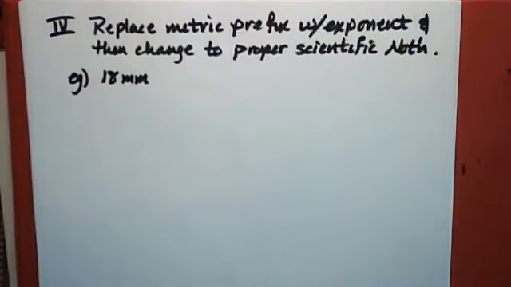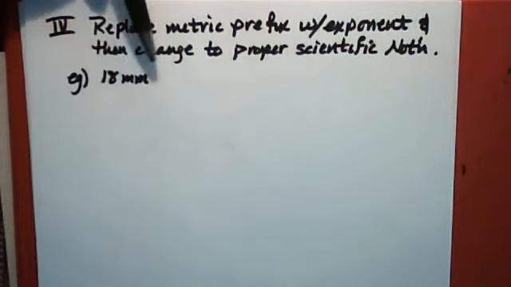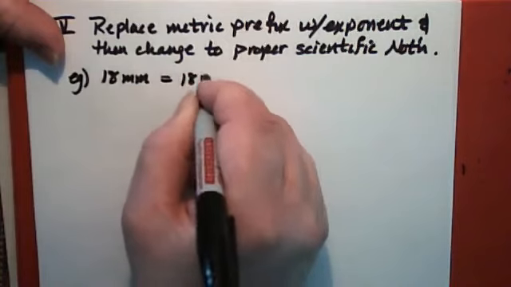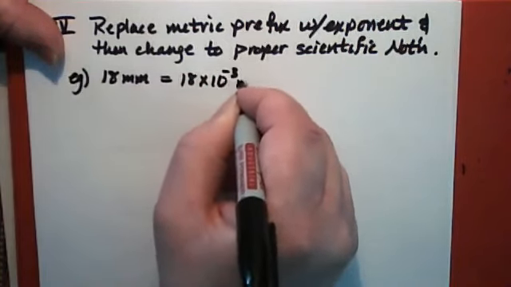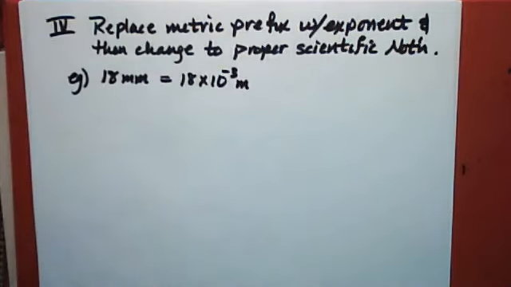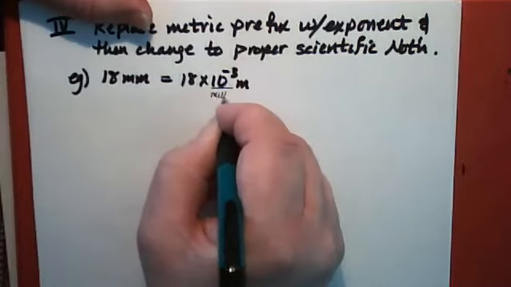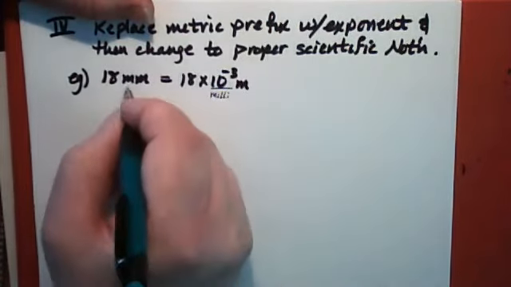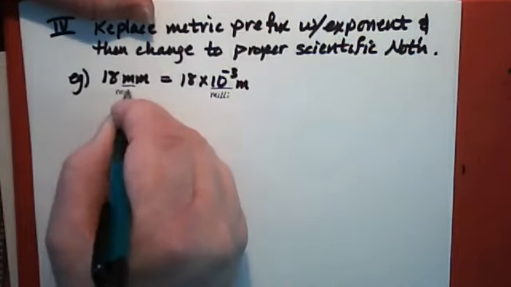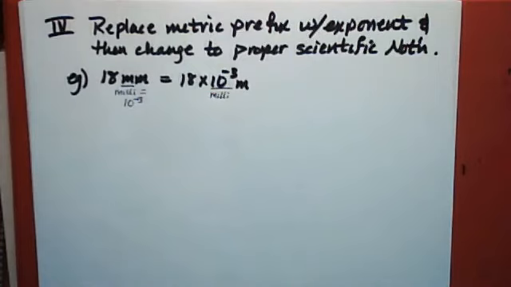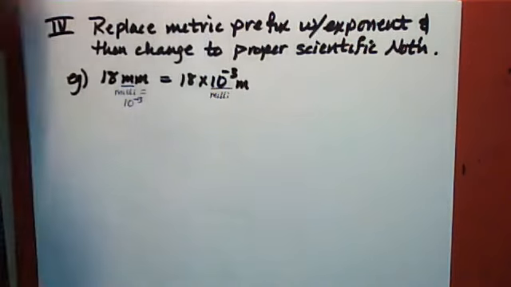So let's say we had 18 millimeters, and we wanted to replace milli with an exponent. 18 millimeters would be equivalent to 18 times 10 to the minus 3 meters, because 10 to the minus 3 is what milli means. Okay. So 18 millimeters could also be considered 18 times 10 to the minus 3.